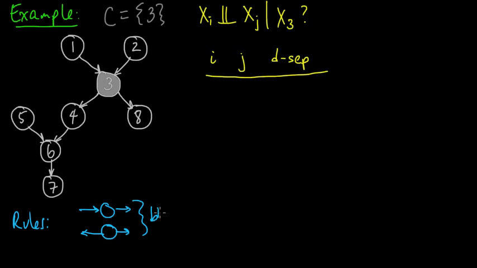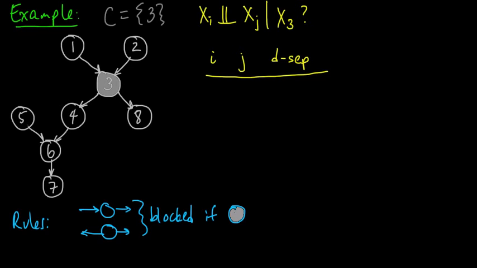Then this is blocked if that vertex is being conditioned on. Let me make that a little darker. And if it's not conditioned on, then it's not blocked.